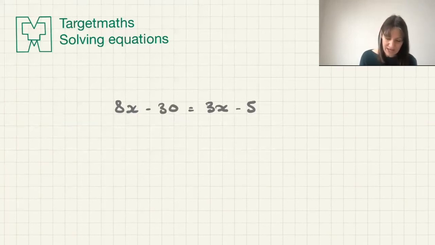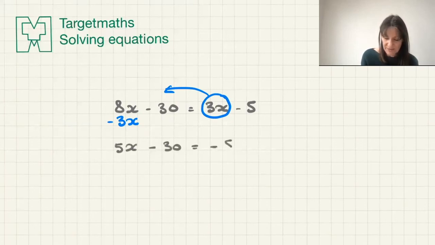Okay, so I've got 8 x's or 3 x's. That's the one, isn't it? I'm going to pick up my 3 x's. Going to land as minus 3x. That's going to give me 5x minus 30 equaling minus 5. Can't escape these negatives, can we? And then we're going to carry on as normal.